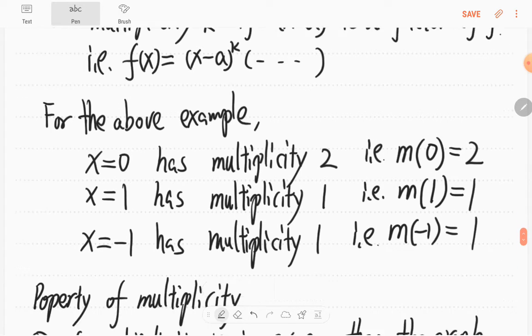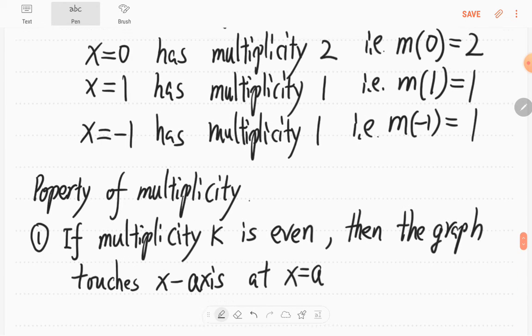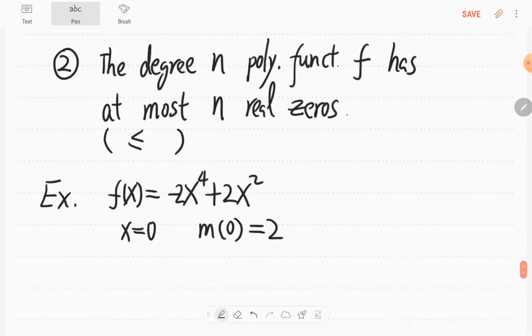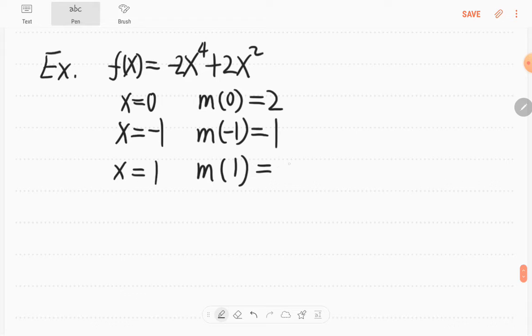We have x equals 0 is a zero, and the multiplicity is 2. We just solved it right here. We also have another zero, which is negative 1, with multiplicity 1. And another zero, which is 1, with multiplicity 1.